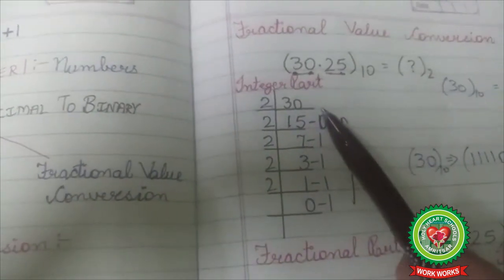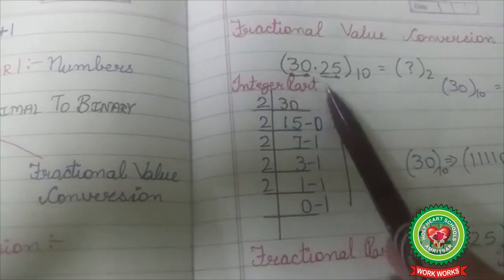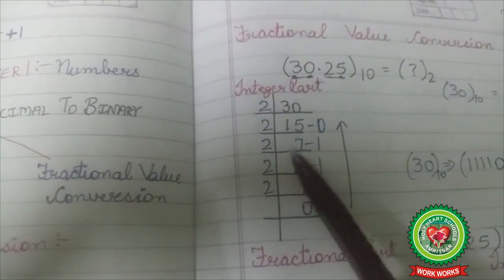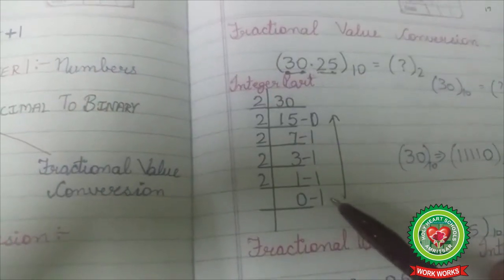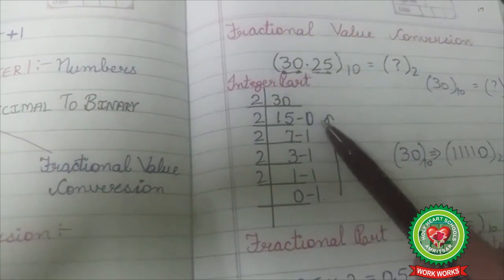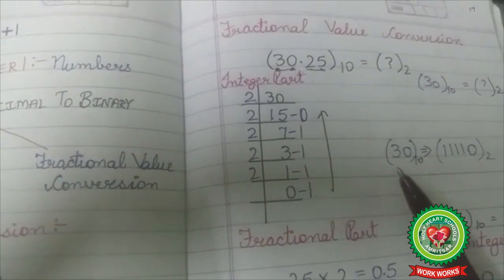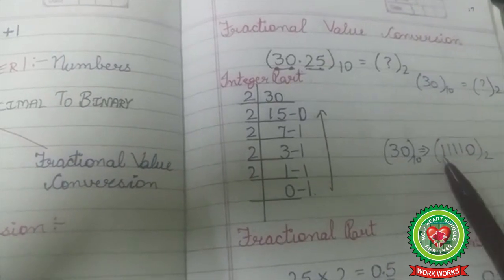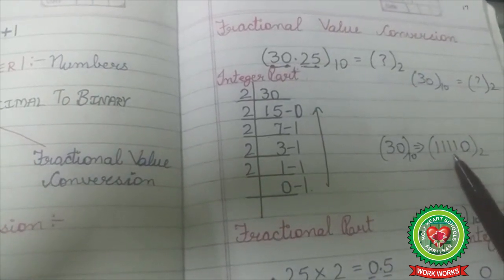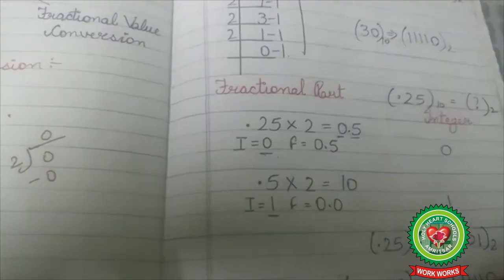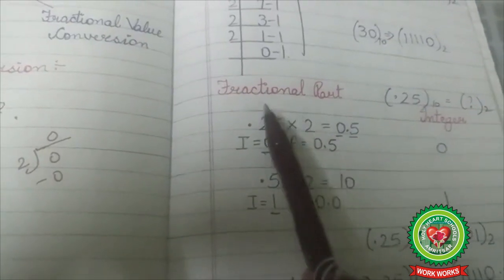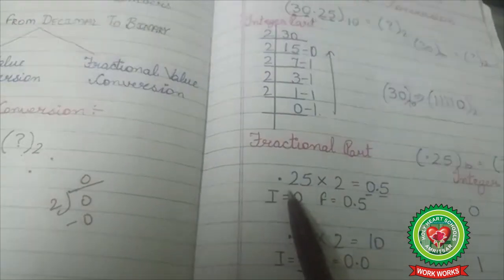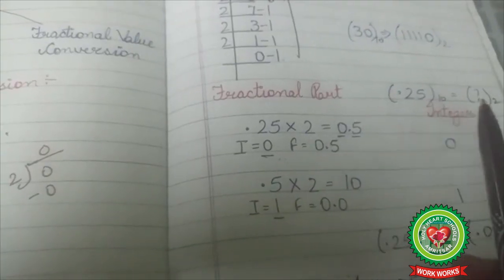We had already learned how to convert an integer part to binary by dividing the number by 2 and writing the remainders in reverse order. So, we converted 30 to the binary number 11110 base 2. Now we are going to learn how to convert the fractional part, that is 0.25, to binary.